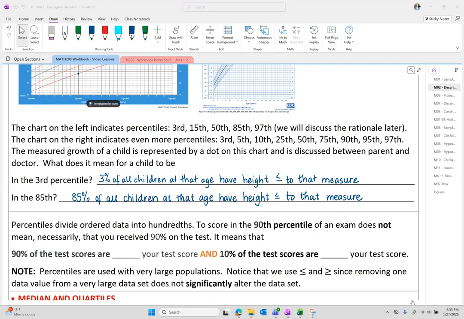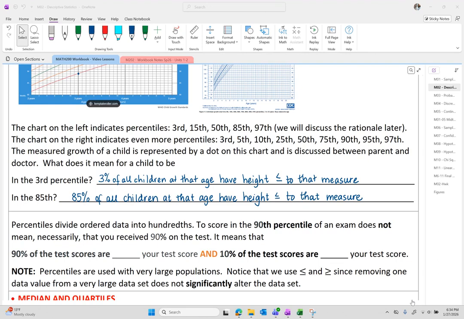The 3rd percentile means that 3% of all children at that age, in our example 3 years old, have height less than or equal to the height of your child. And the 85th percentile means that 85% of all children at that age have height less than or equal to that measure.